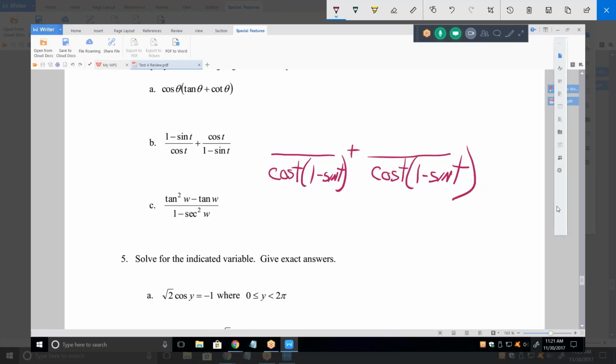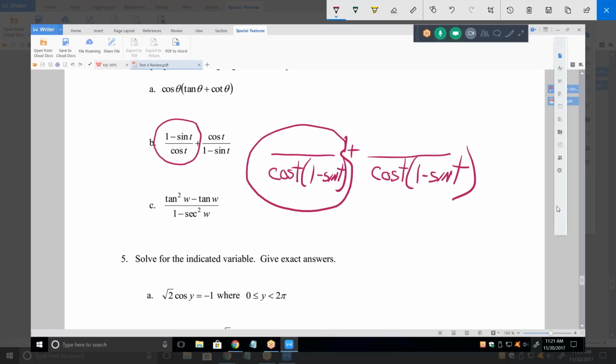It'd just be the opposite flipped on the top. So it'd be cosine times 1 minus sine on the left, and then on the right it'd be something else. What we have to do is make that exactly the same as what we started with.